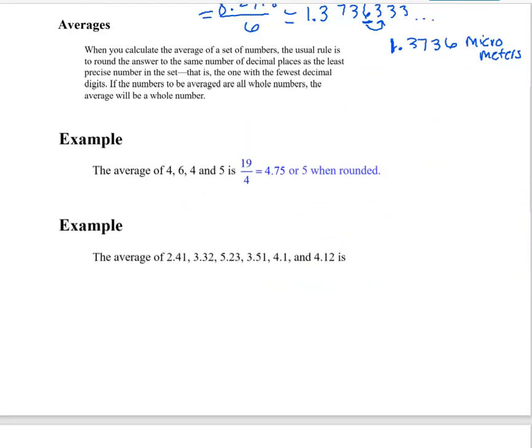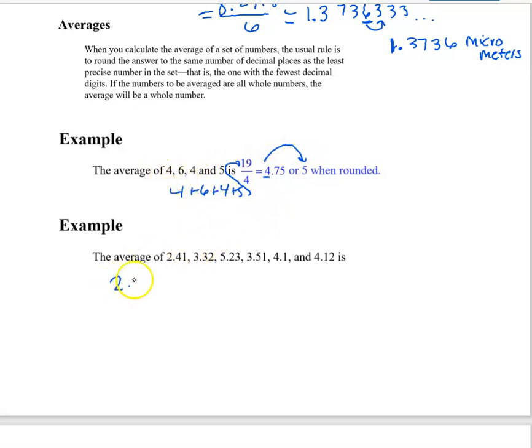So the average of 4, 6, 4, and 5, they've taken those numbers, so they would do 4 plus 6 plus 4 plus 5 to get their 19. They divided by 4 because there were 4 numbers. And if you'll look at this, none of these had decimal places. That's why they chose to round to the ones place, because they considered their decimals.